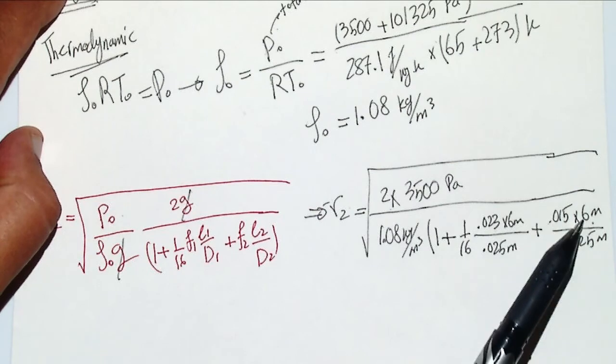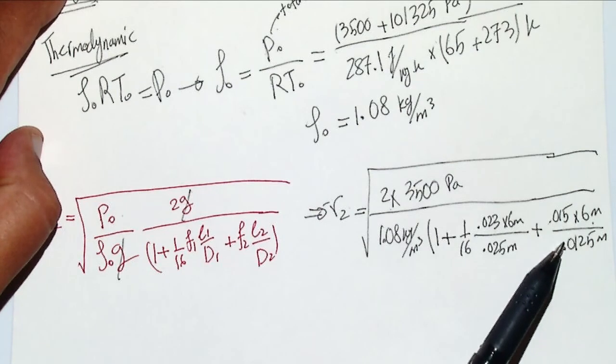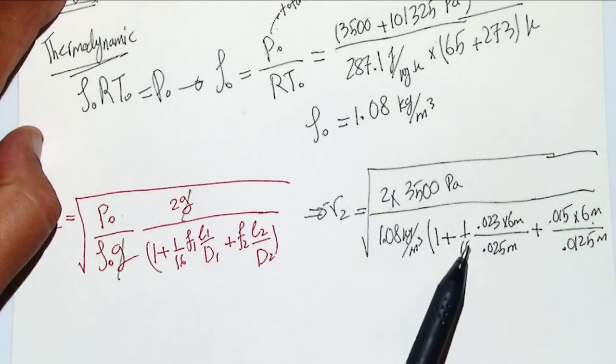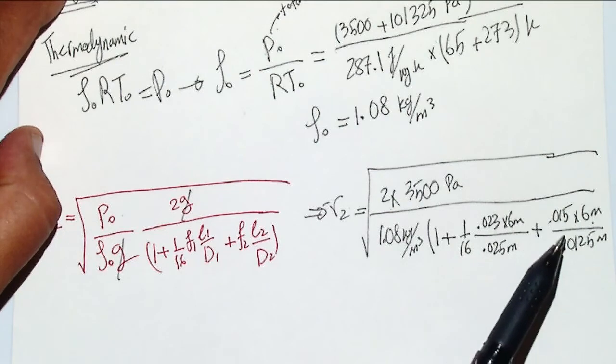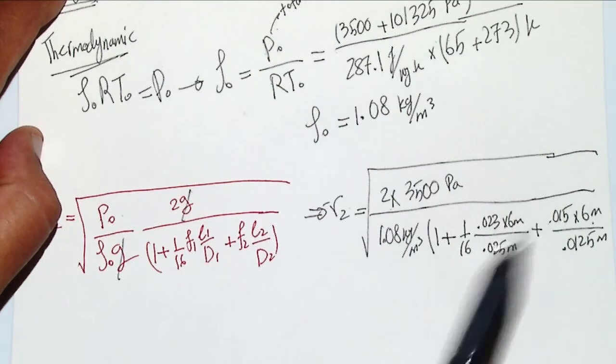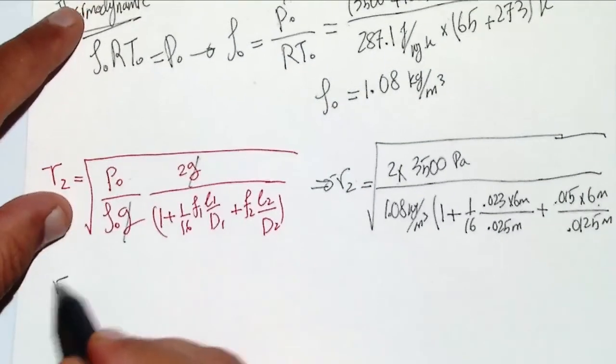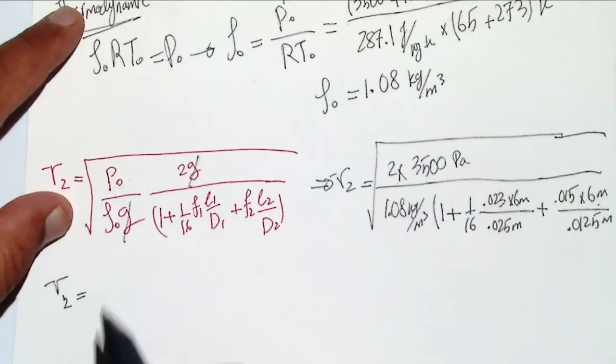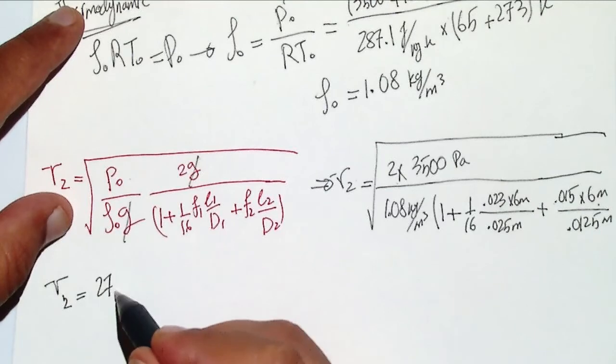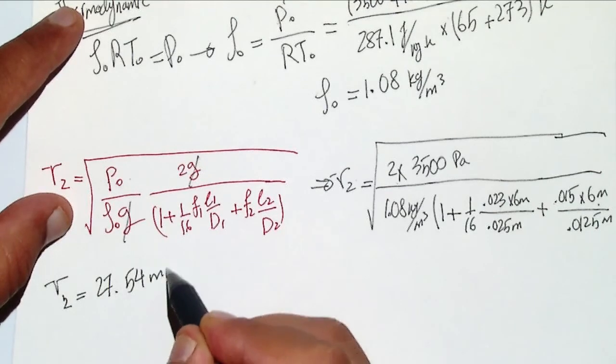The second pipe is also 6 meter. That's the diameter for the second pipe, that's the diameter for the first pipe, and this is also given as a friction factor for the first pipe. Then using a calculator, V2 is 27.54 meter per second.